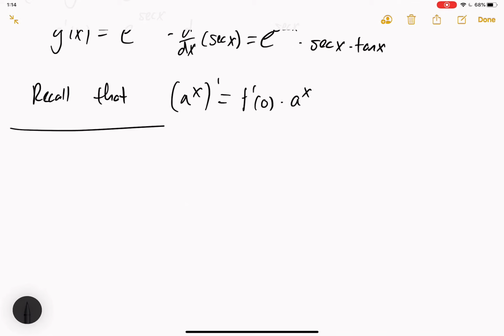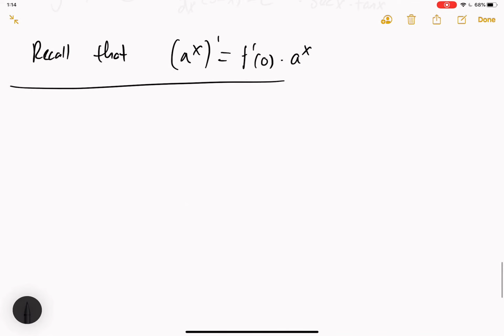But remember that we had this, and now we're going to write this out more formally. What is f prime of a? Remember that we can write a as e to the ln of a, because e and ln are inverse functions, so they basically undo each other.